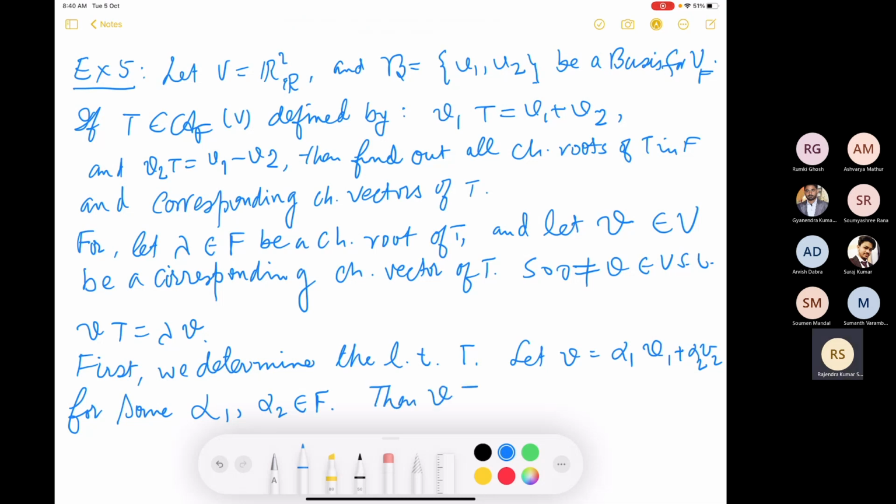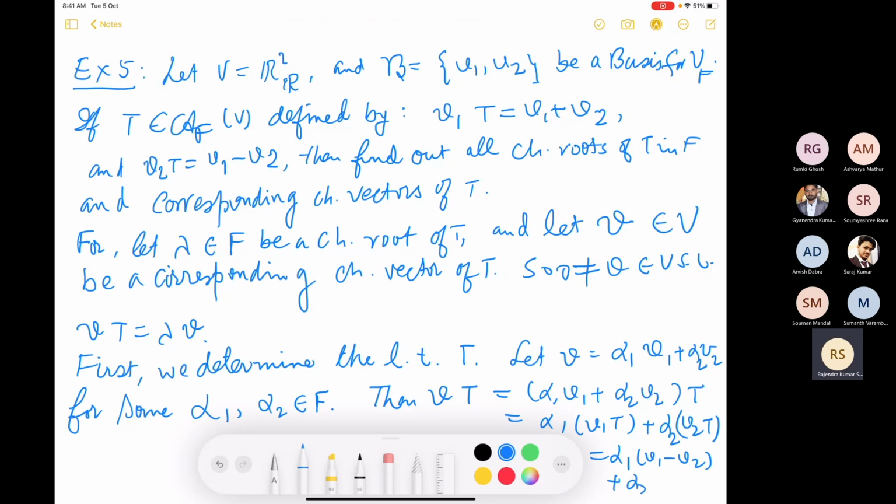Then vT will be alpha 1 v1 plus alpha 2 v2 under T, so alpha 1 v1T plus alpha 2 v2T. Alpha 1 v1T is v1 minus v2, so alpha 1 (v1 minus v2) plus alpha 2 (v1 plus v2).